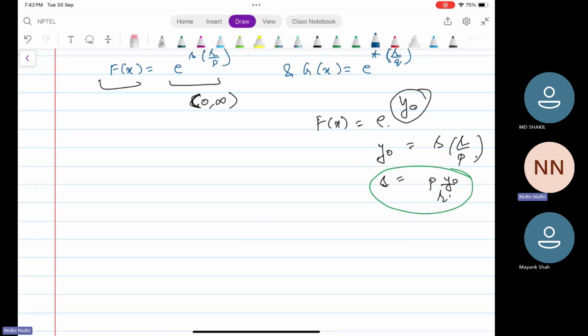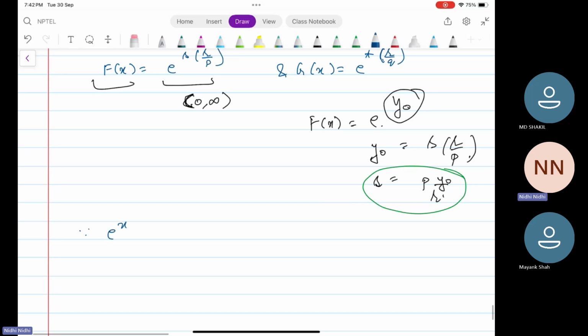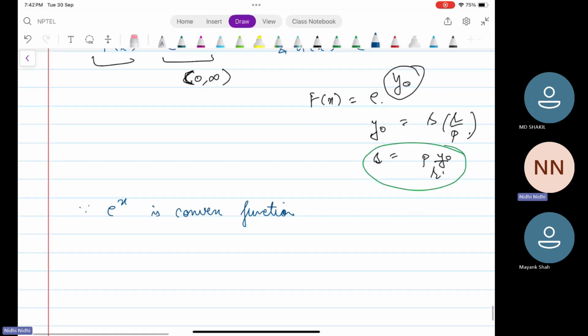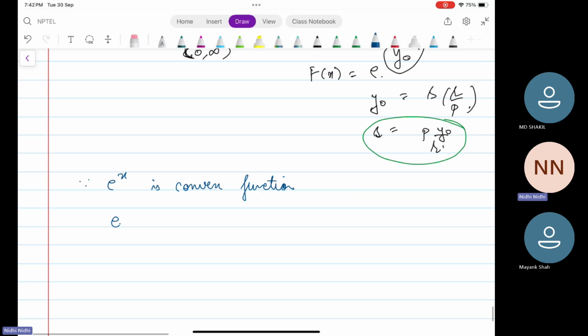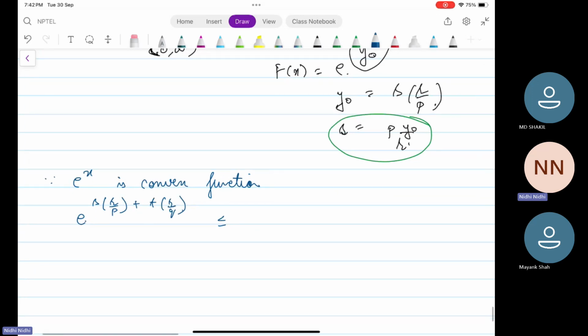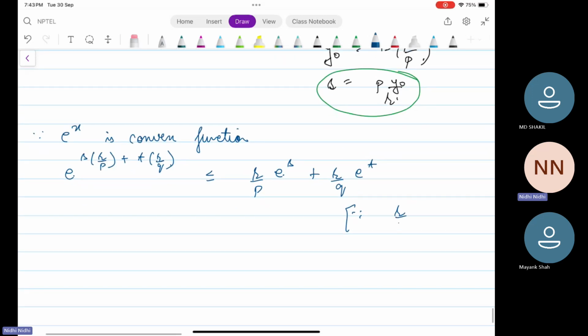Since e to the power x is a convex function, we can write e to the power of s times r by p plus t times r by q as less than or equal to r by p times e to the power s plus r by q times e to the power t, because r by p plus r by q equals 1.